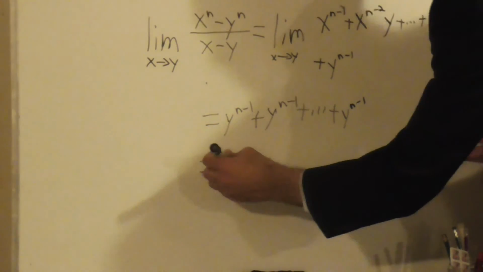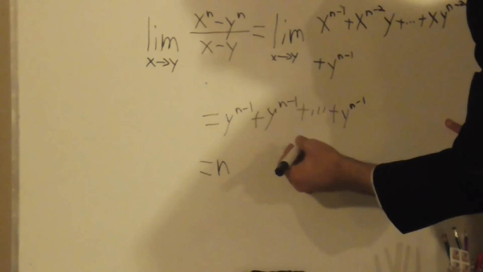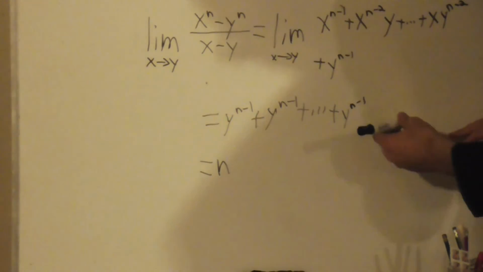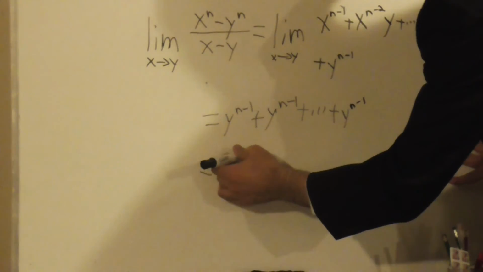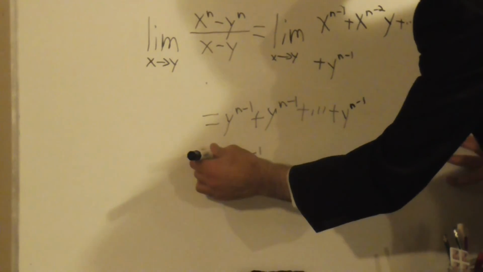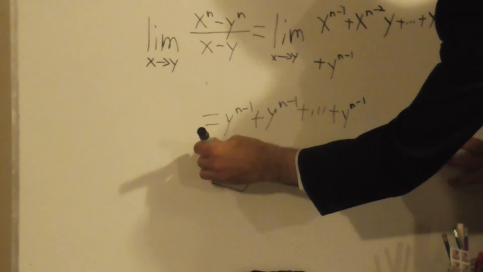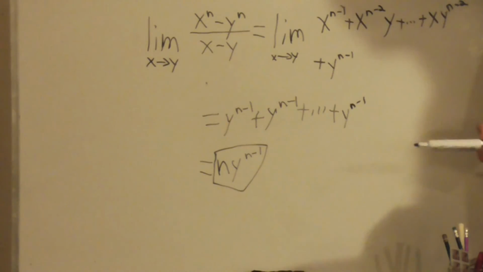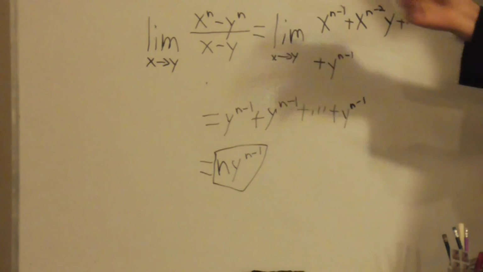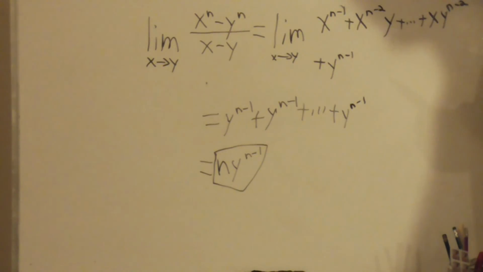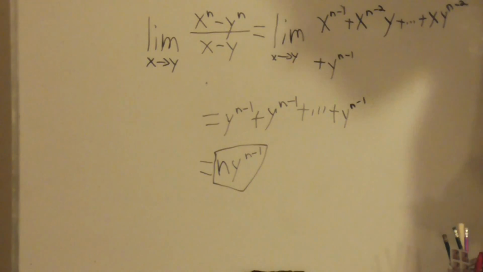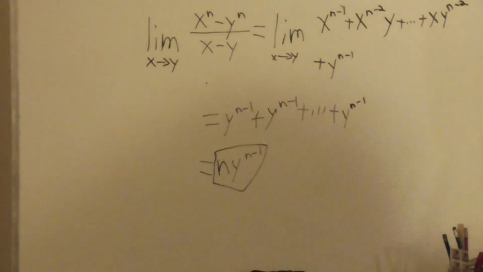We can just denote it as n because it's n times. You have n of y to the n minus 1. So n y to the n minus 1. And here we have our limit. And this is true for all problems of this form. So we could replace y with numbers, we could replace n with numbers, and then plug it into this here, and then you'll get your answer for the selected problem.